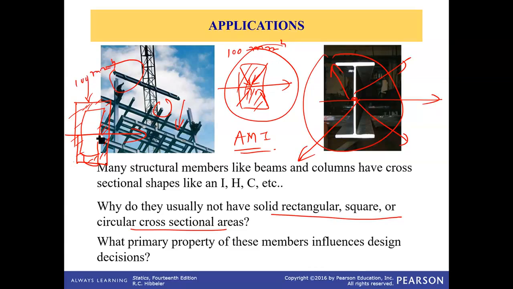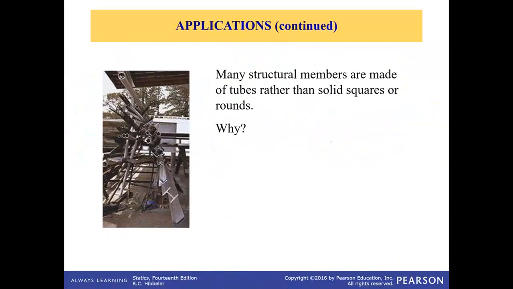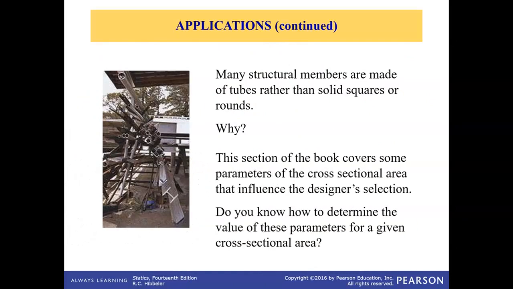This particular shape has higher resistance to bending than the solid one. That's why you will see a lot of hollow structures in construction and manufacturing industries. Many structural members are made of tubes rather than solid squares and rounds. The reason is this: the farther away the area is from the center line, the higher the resistance to bending.